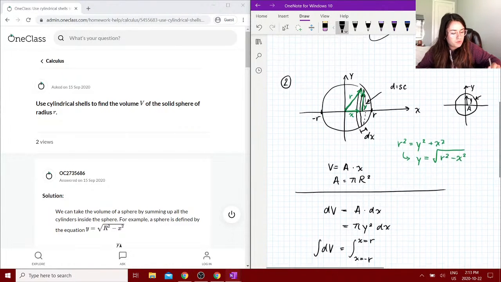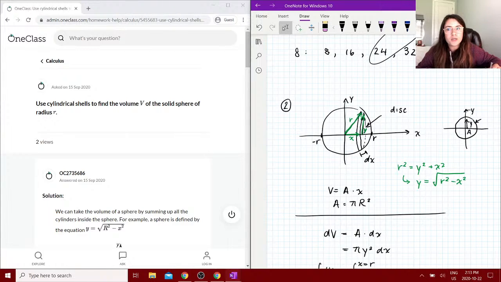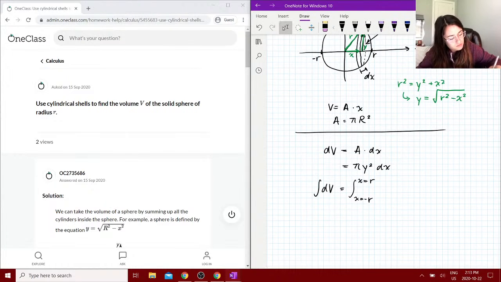So looking back at our diagram here, that makes sense, because we are going from the r on this side of the orange, or the sphere, to this side. So that's r along the x-axis to negative r on the other side. And everything remains the same as it did before.